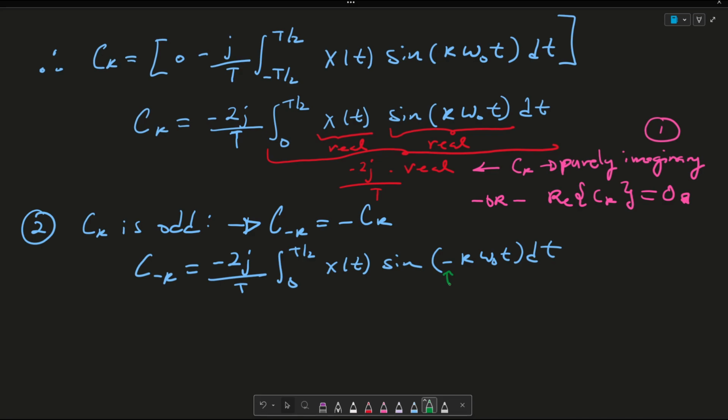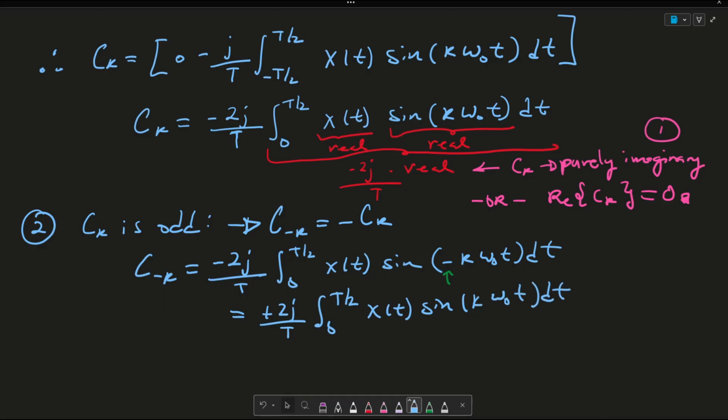Again, since this is an odd function, we can pull this negative out. So then we're left with a plus 2j over T integral from 0 to T over 2 of x of t sine k omega naught t dt.